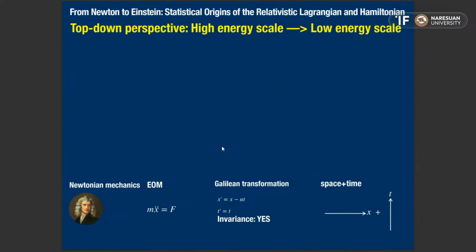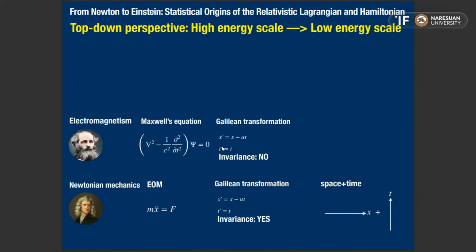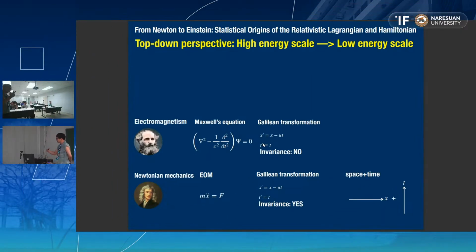And then we move up to electromagnetism, and we find out that this kind of Galilean transformation doesn't work with the equations. Then we need a new version of the transformation to make physics invariant between the two inertial observers, right?